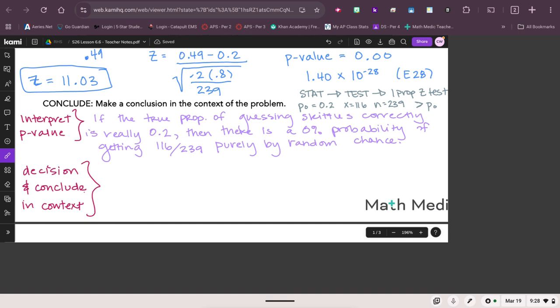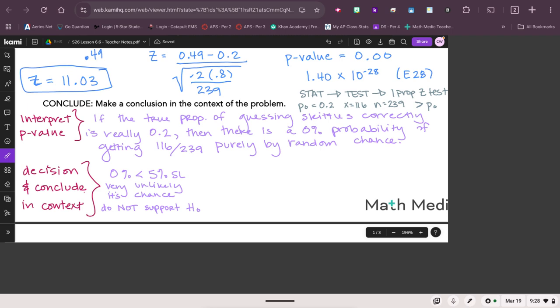Okay, so we're going to say that because 0% is much less than our 5% significance level, because that's what we're comparing it to, what we saw happen was very unlikely to happen by chance. So we are not going to support our null hypothesis. Okay, which means we reject it.